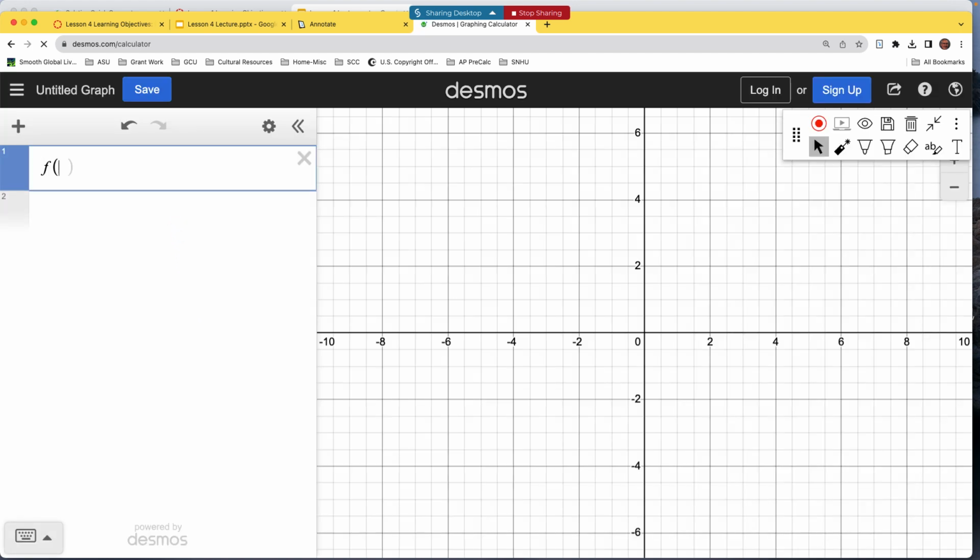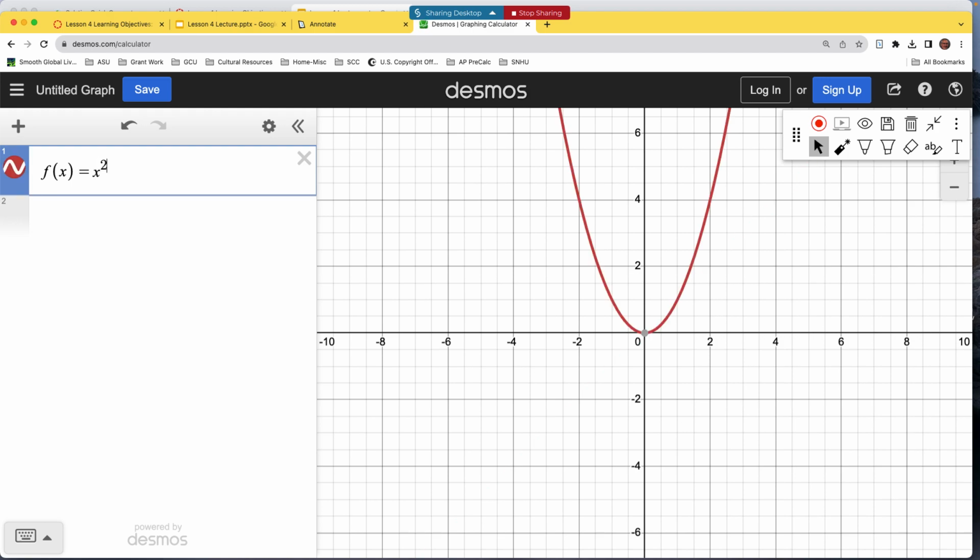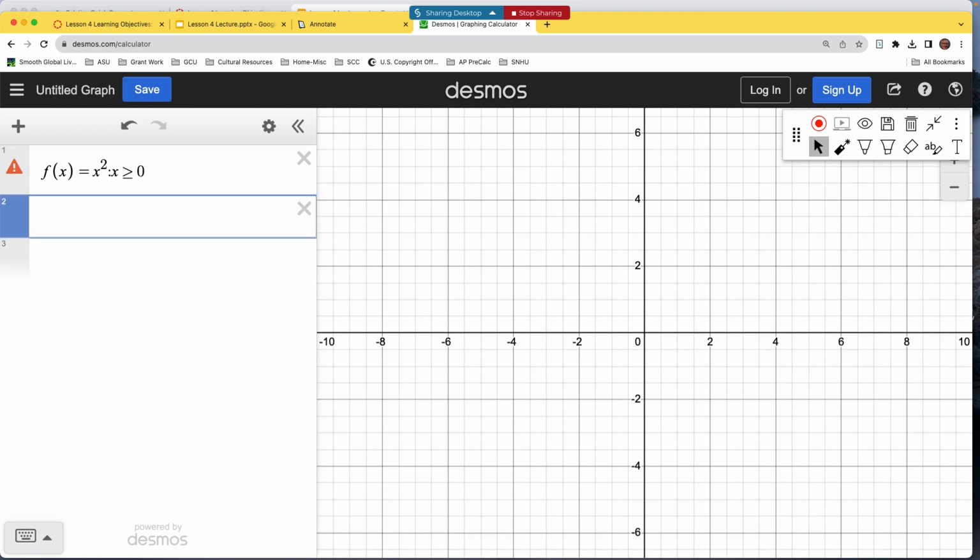So we could do f of x equals x squared, and we see it looks like that. I think I can restrict the domain. I forget the syntax.